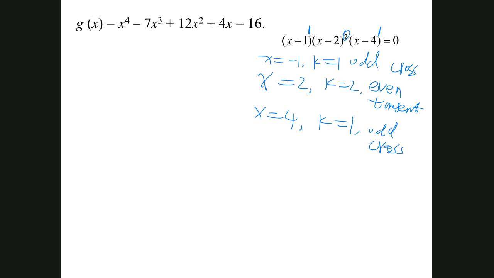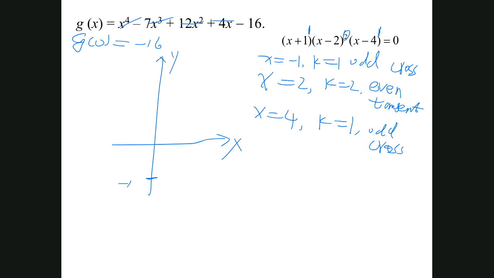All right, so we can also find the y-intercept when x is 0. This will be 0. Everything will be 0 except negative 16, right? So if I graph this one by hand, how do we graph this one by hand? We're going to say this is negative 16 in here, and we have a negative 1 right here, and this is 1, this is 2, 3 and 4 right here.